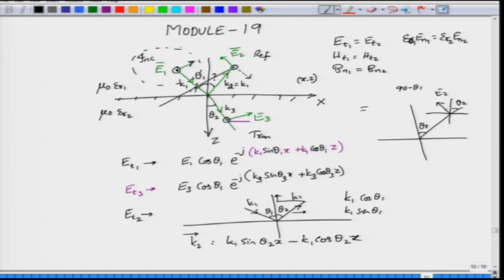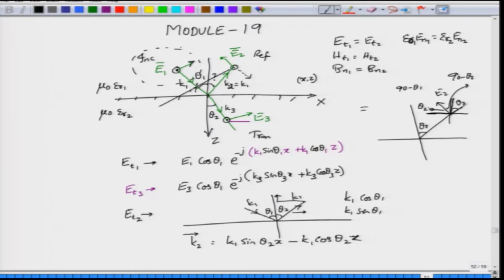Between this line, that is electric field E2, and this normal will be 90 minus theta 2, because E2 is perpendicular to K2. However, the perpendicular line and the horizontal line are themselves 90 degrees apart. Therefore, this angle is basically theta 2.